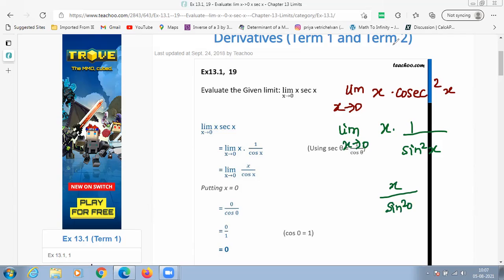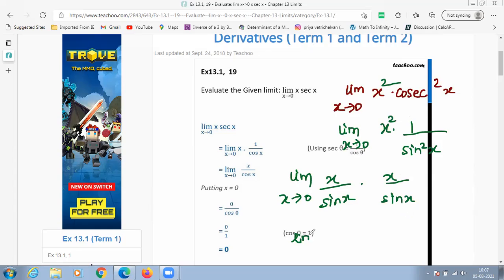It would be better if you put x square here, dear. Sorry for the interruption. Because you can split this into two expressions, like limit x approaches 0, x by sine x times x by sine x.